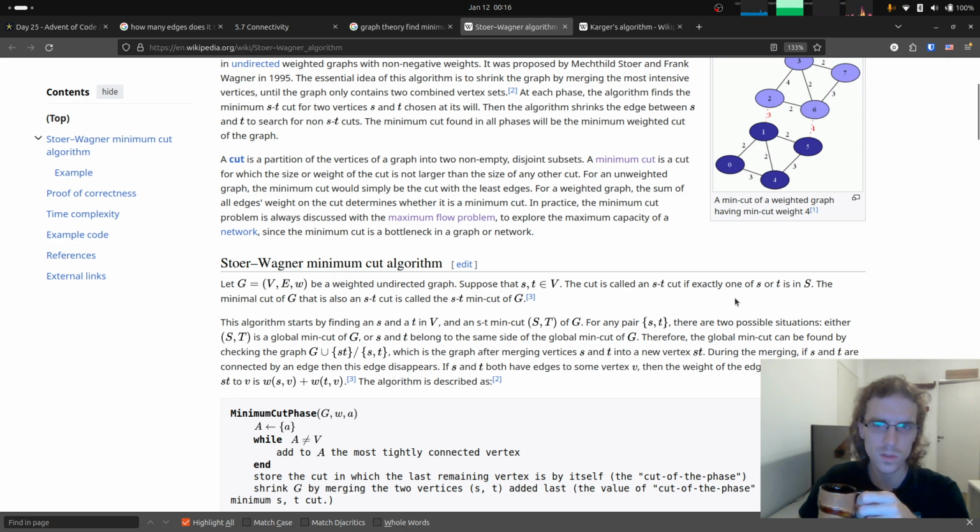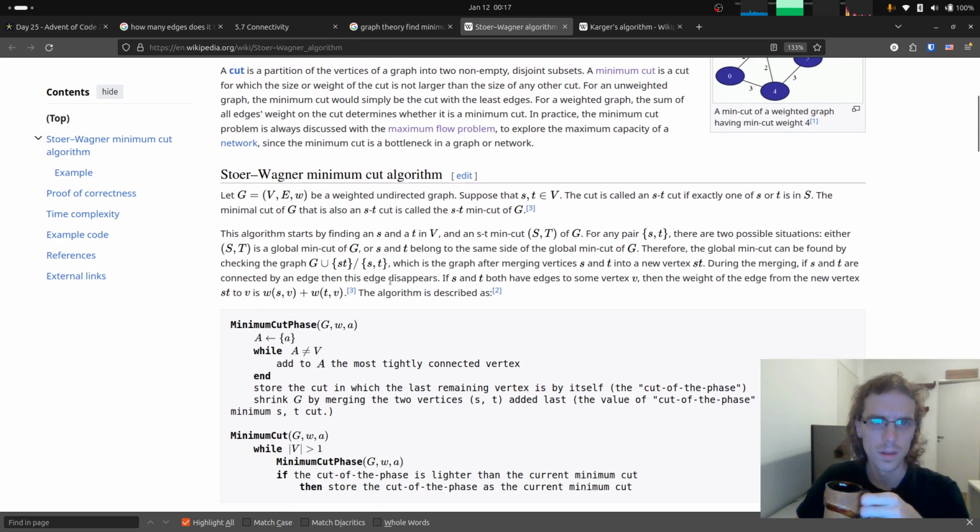So I'm being stupid, but here it's like T is in S, but it doesn't start by saying what S is. Finding an S and a T in V and an S-T min cut.